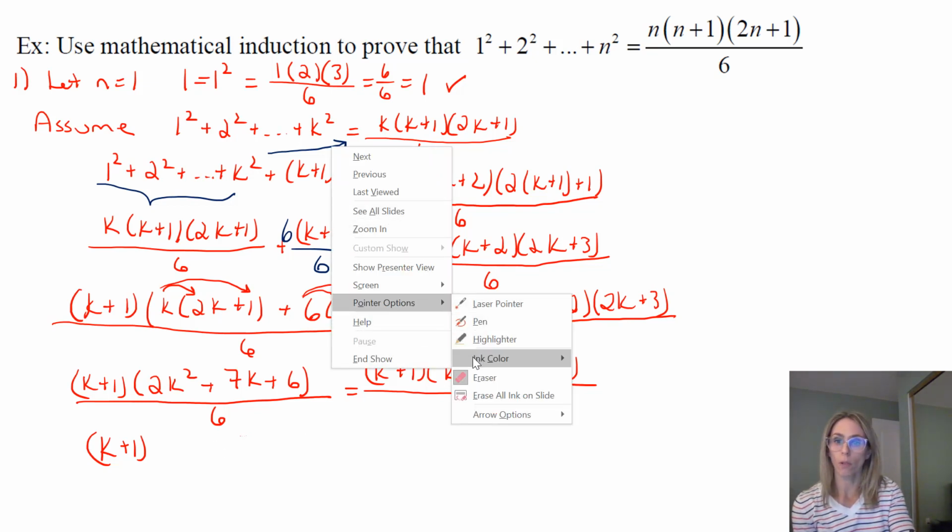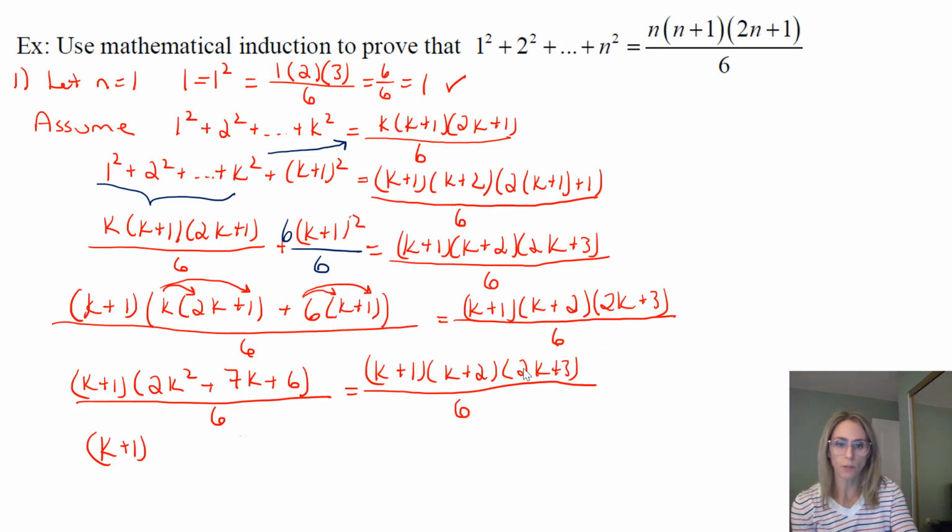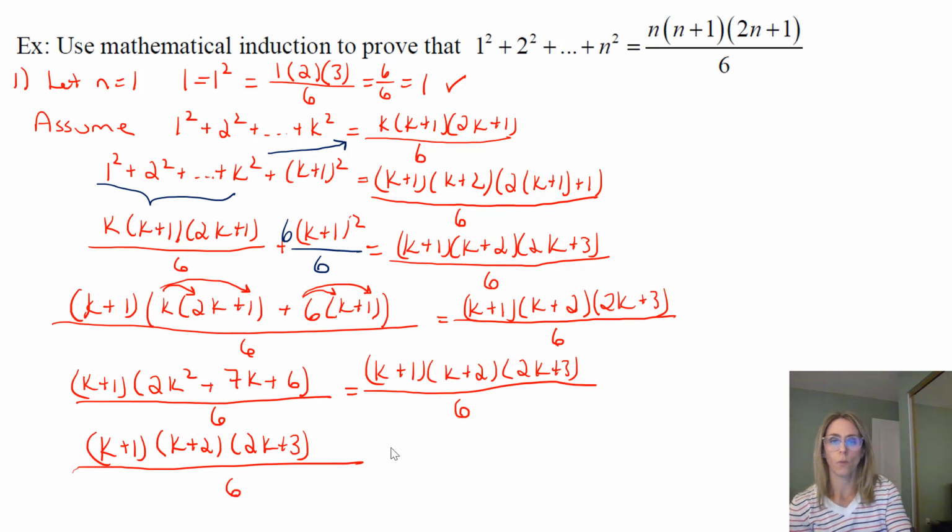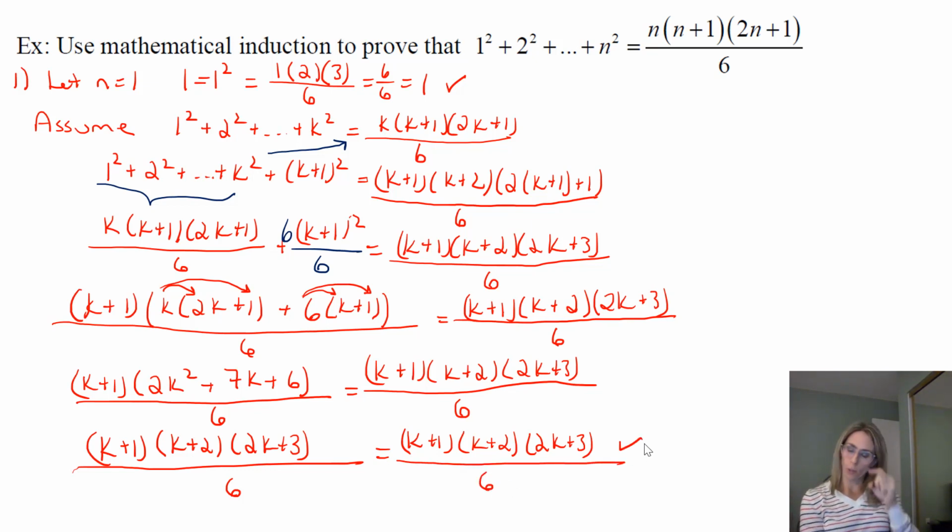So go ahead and make it look like the right-hand side because it is the right-hand side. So we can do (k plus 2)(2k plus 3) over 6 equals (k plus 1)(k plus 2)(2k plus 3) over 6, and check. Woo! It is true for k plus 1.